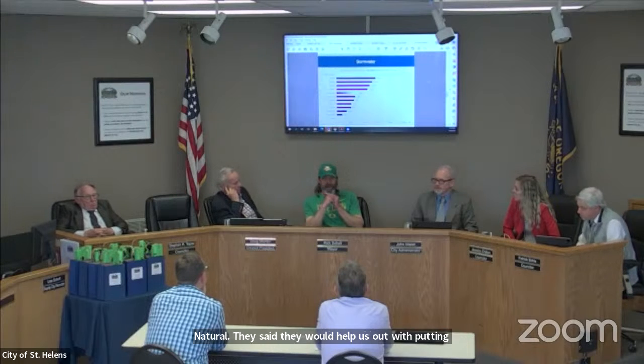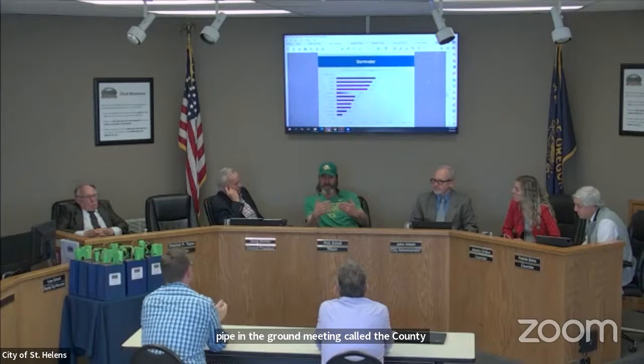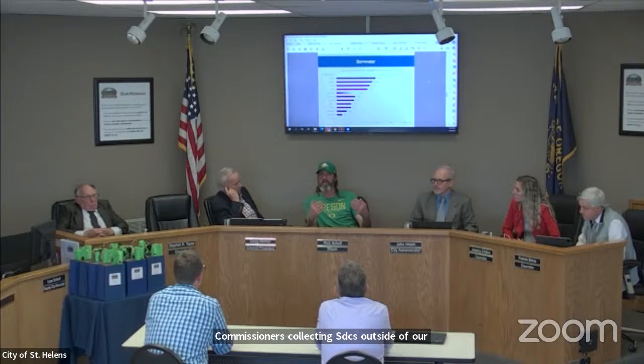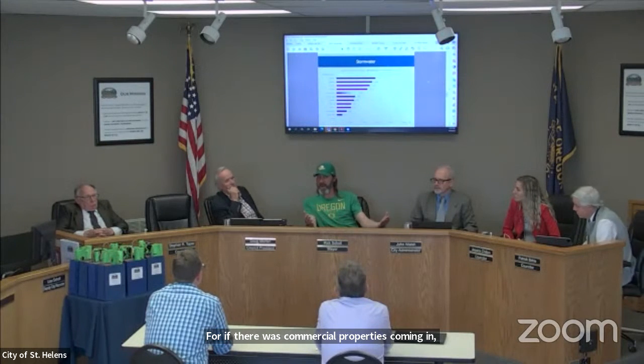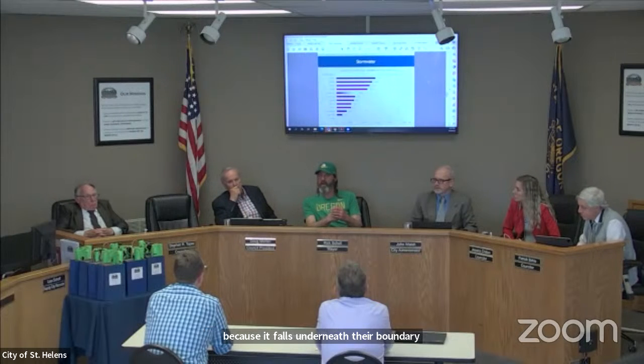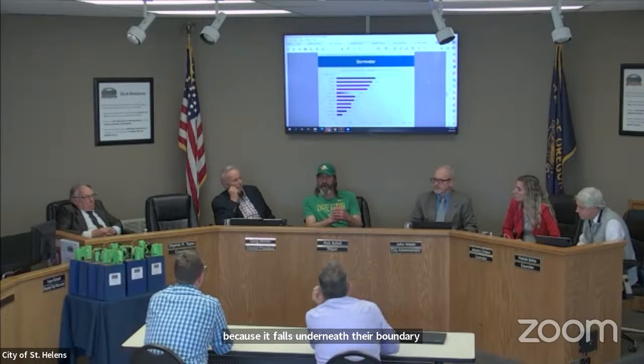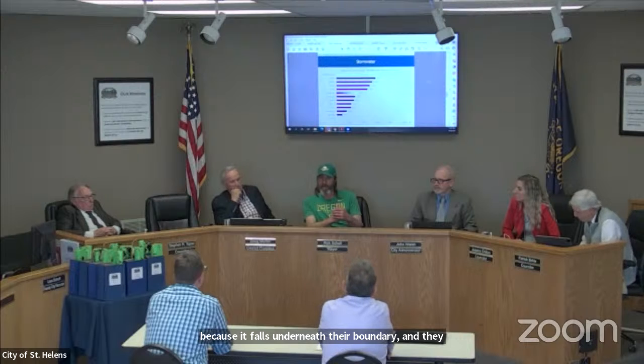I've literally talked to county commissioners about collecting SDCs outside of our UGB if there were commercial properties coming in, because it falls underneath their boundary. And they said, absolutely. Do you think we can figure out the metrics of setting that up? We can have water and sewer go from here to Scappoose.